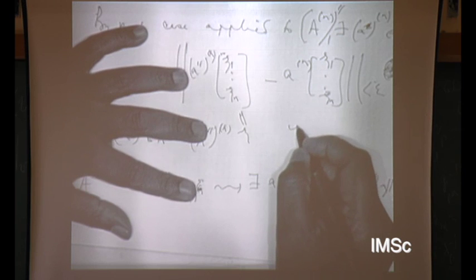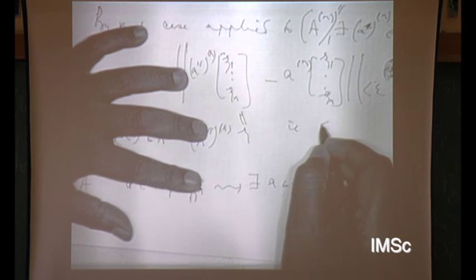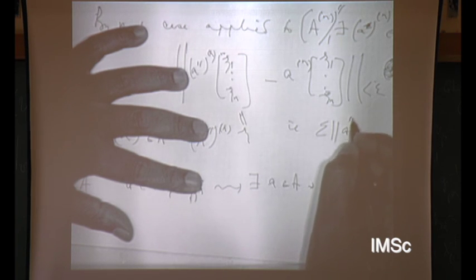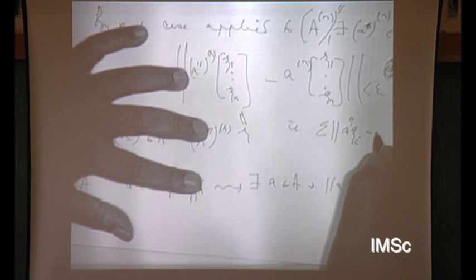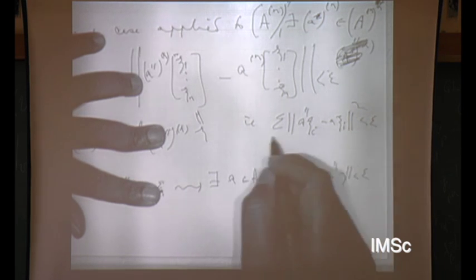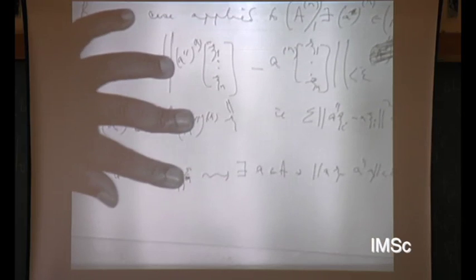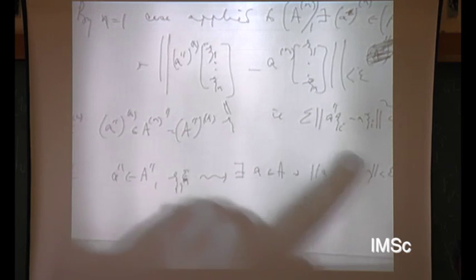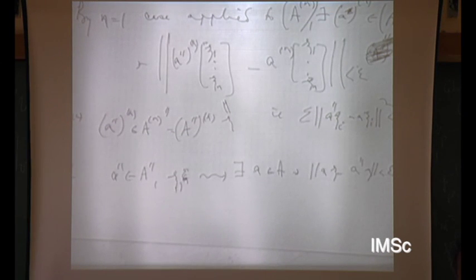So what does this say? This is the summation of the norm of A double prime xi minus A xi, squared, less than epsilon squared. That is what that says. So in particular, each term must be smaller than epsilon.